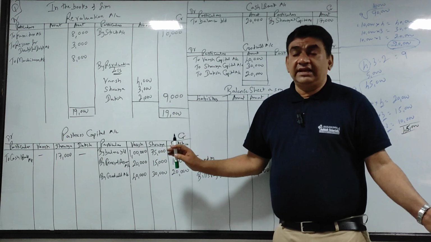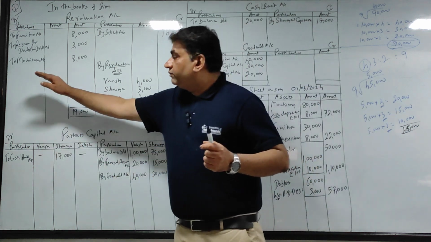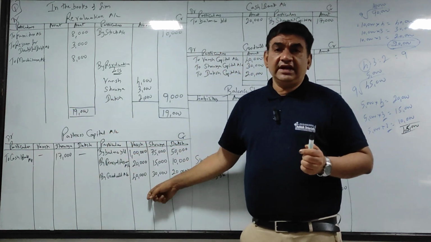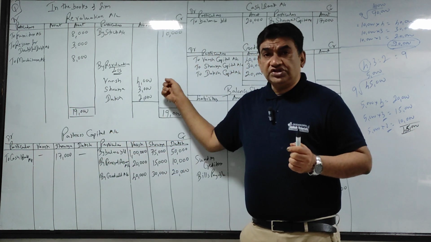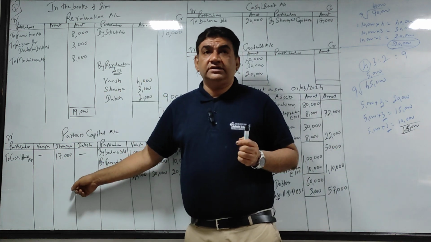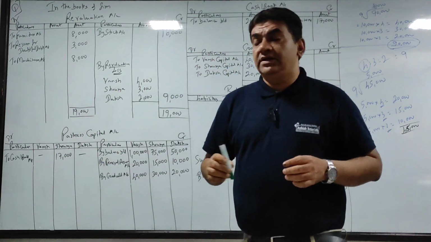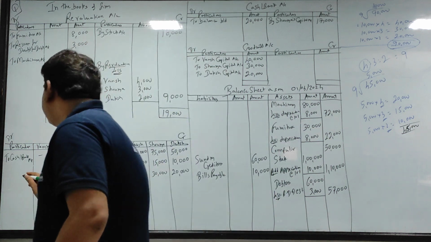This you all know very well. Profit, we give credit to partners. Loss, we recover from partners, so we will debit. So come to the debit side of partners capital.